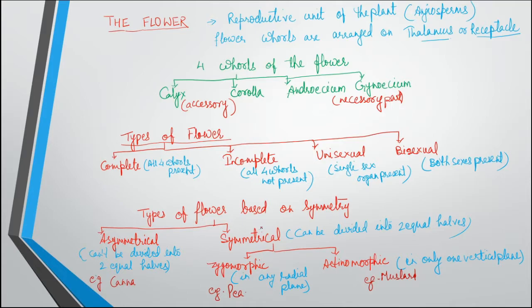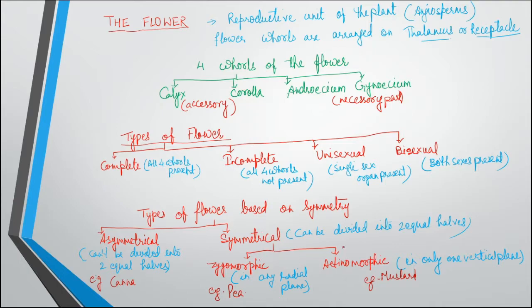Now types of flowers based on their symmetry. There are two main types, asymmetry and symmetry, that is an asymmetrical structure or a symmetrical structure. Asymmetrical is when we can't divide the flower into two equal halves, for example in canna.